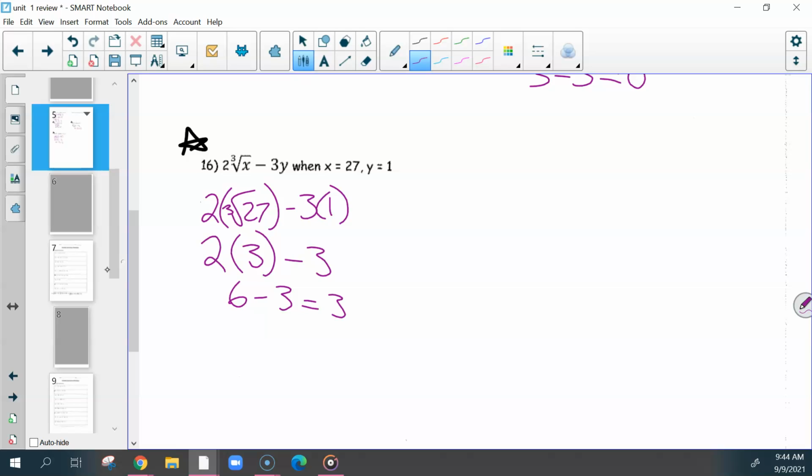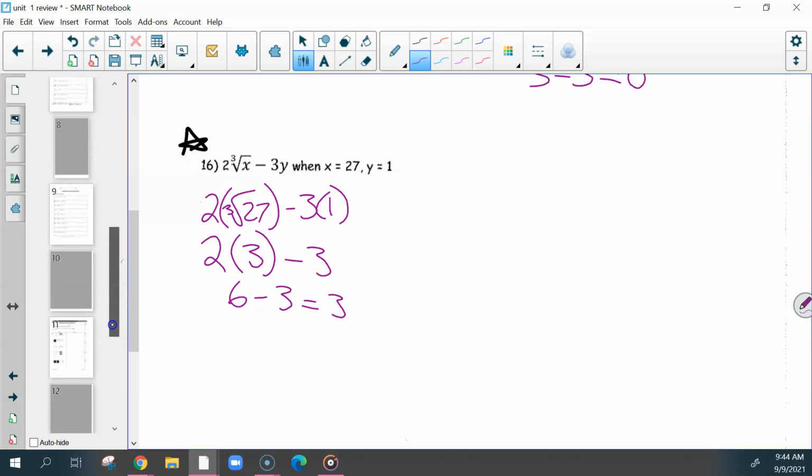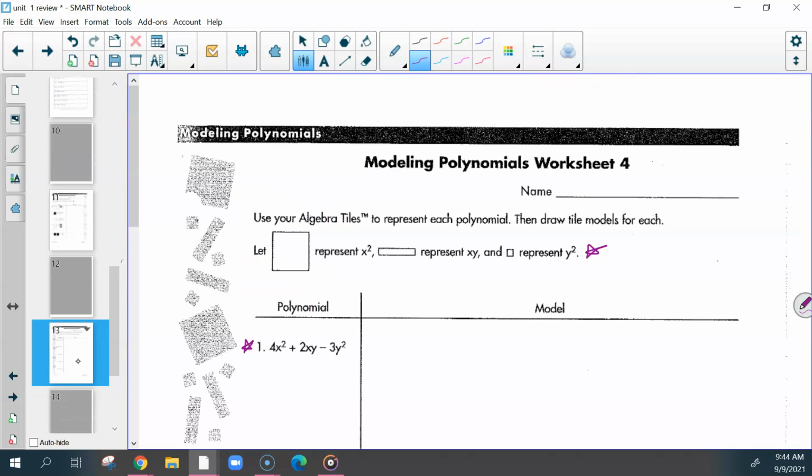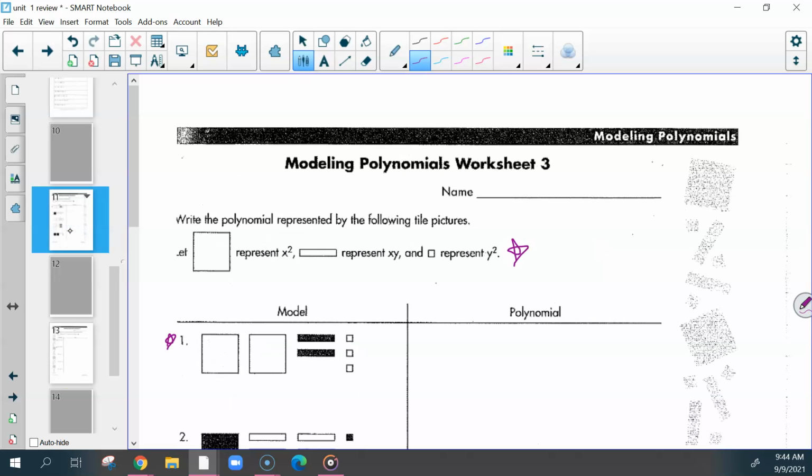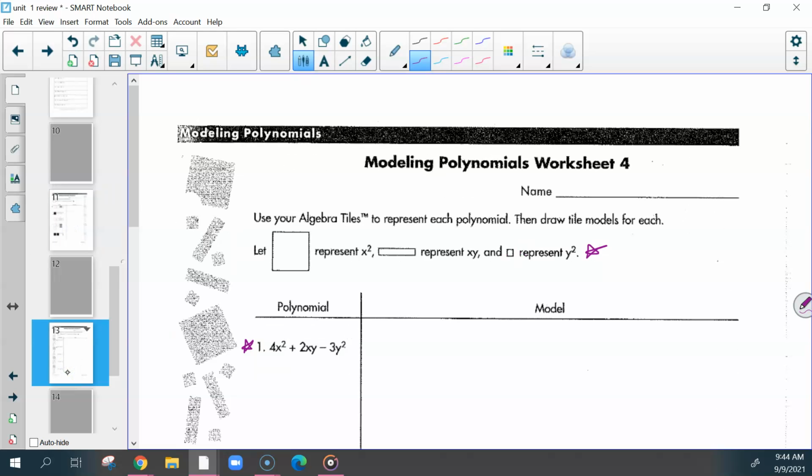Now I don't know what you guys have and don't have. But it's a certain one. This one? Yeah. Because I have this page and this page.